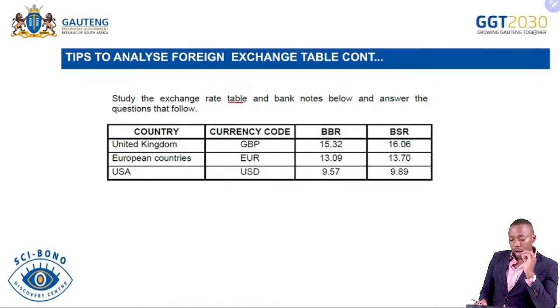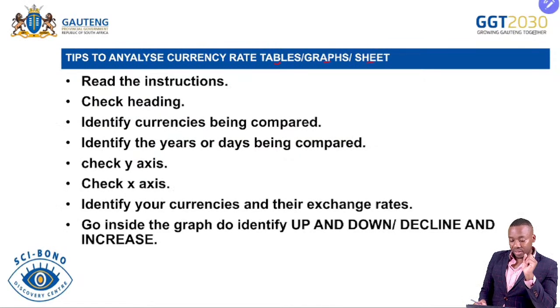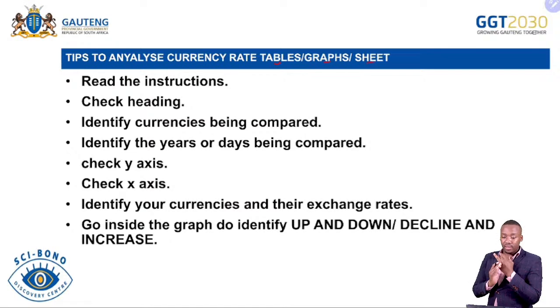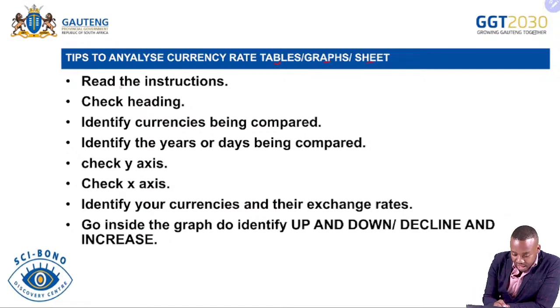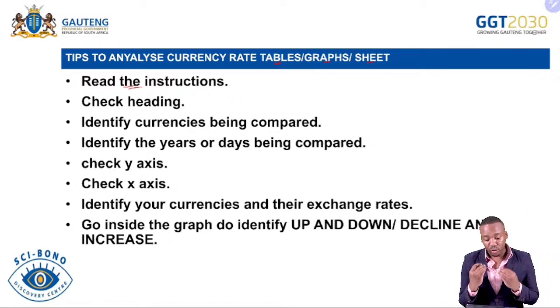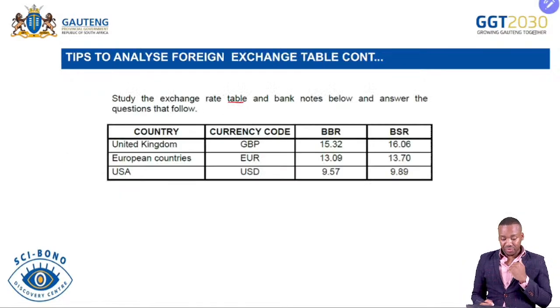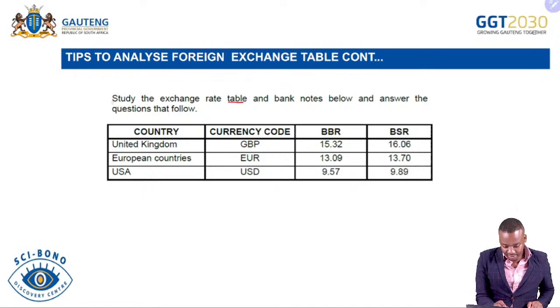Let's check. You might be given a table like this one. And then what is tip number 1? Number 1, read the examiner's instructions. What are they saying that I must do as a learner? Let's check this first one. They are saying study. Study is a verb, right?